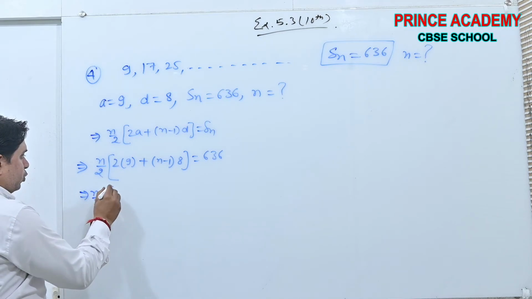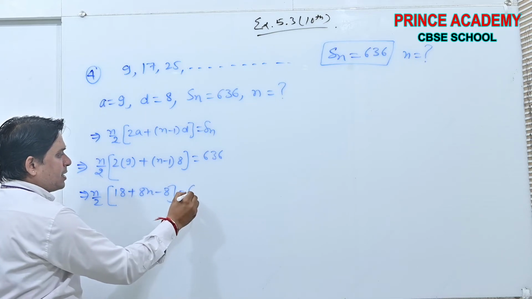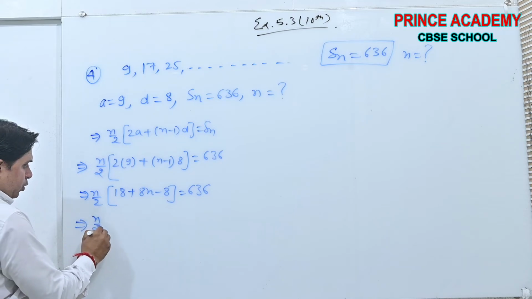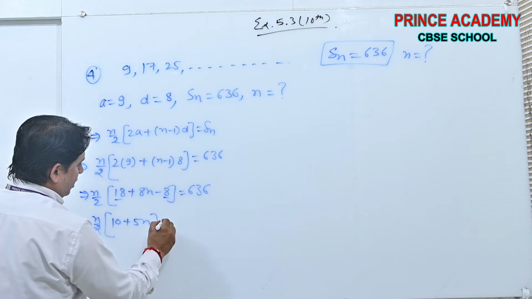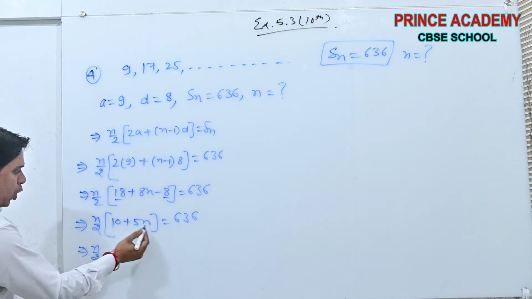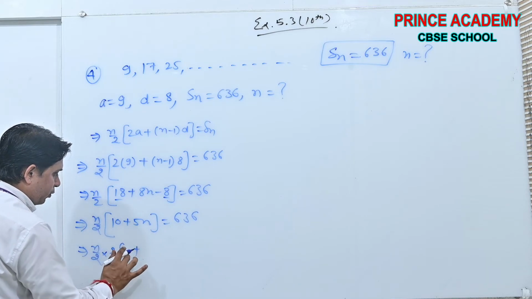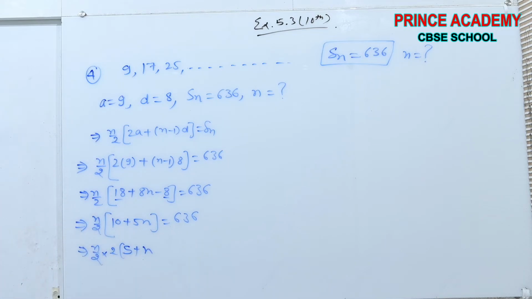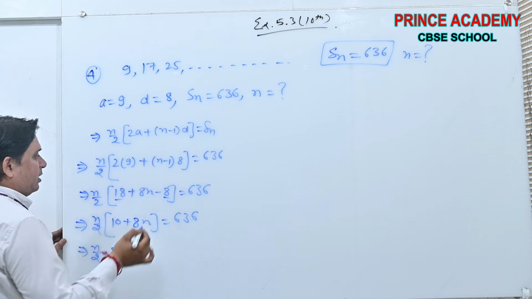Now see. N by 2, 18 plus 8n minus 8, is 636. Okay, N by 2, 18 minus 8 is 10, plus 8n is equal to 636. Here I was confused, it was 8 but I wrote 5 by mistake.